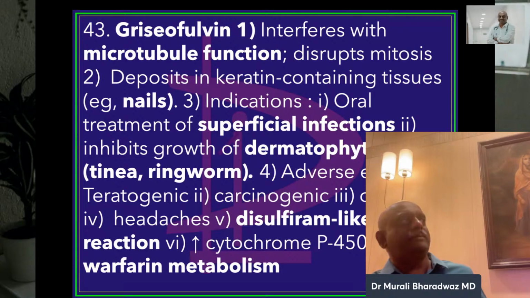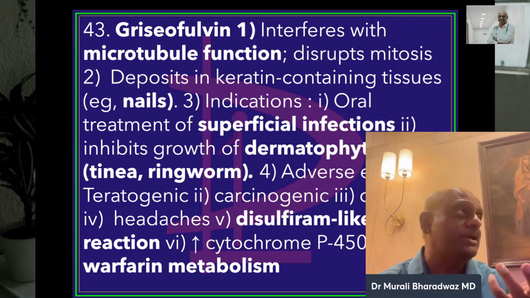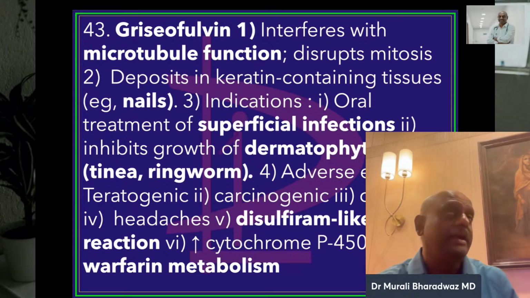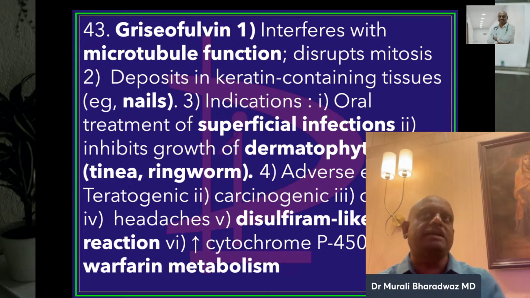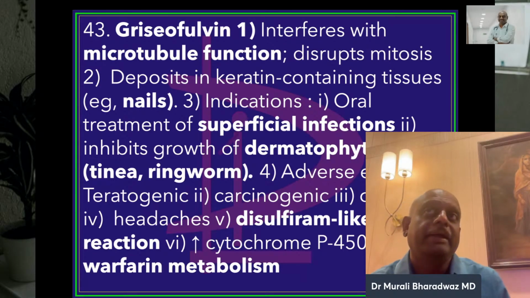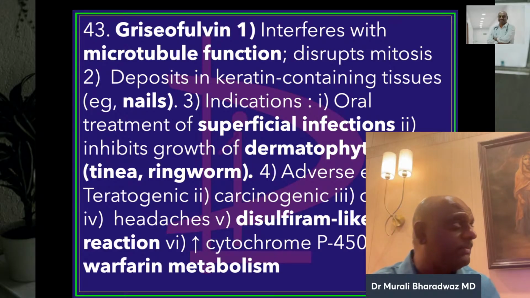Then griseofulvin. Griseofulvin interferes with the microtubule formation, which prevents the mitosis and prevents the fungi from multiplying. And griseofulvin can deposit in keratin-containing tissues like nails. That's the reason tinea, ringworm, superficial dermatosis, in all this we use. But griseofulvin can cause a disulfiram-like reaction. And it is a P450 inducer.